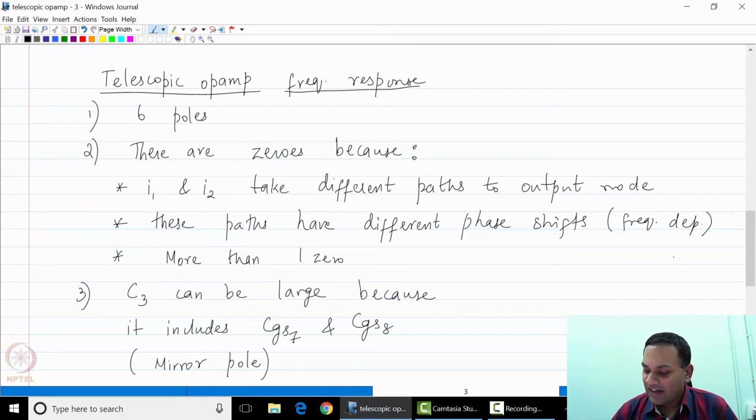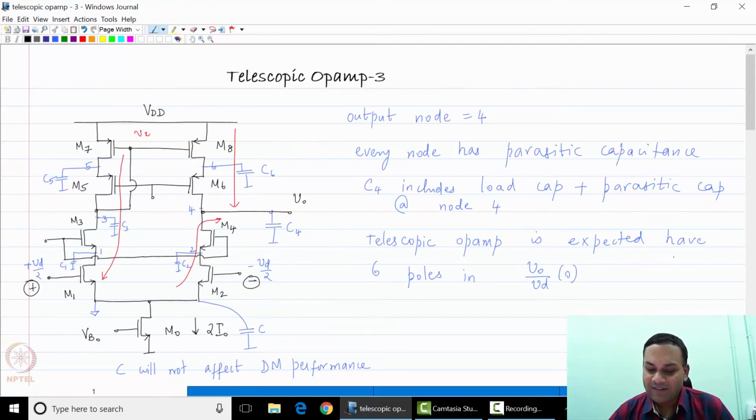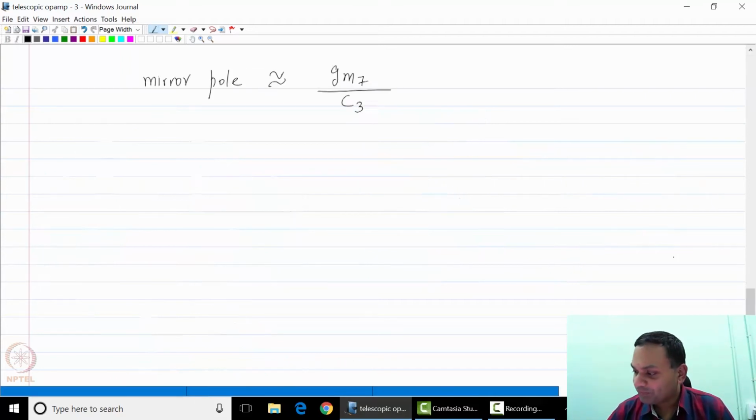Now what about the other capacitances? It turns out that the other capacitances C5, C6 and C1 include some gate source capacitances but also some drain bulk capacitances. Their impedance levels at those points are either very low because they are connected to sources, or low enough to cause the non-dominant poles to be somewhat high compared to the dominant pole.